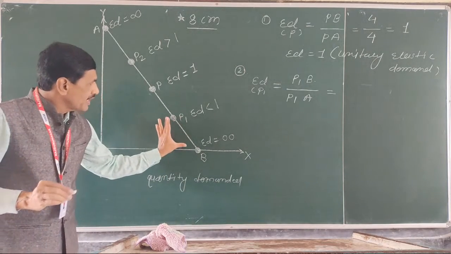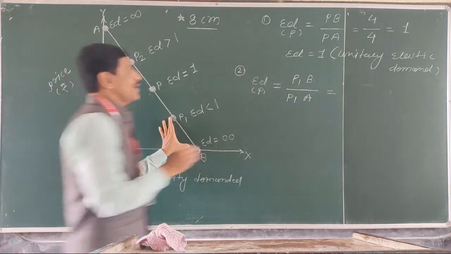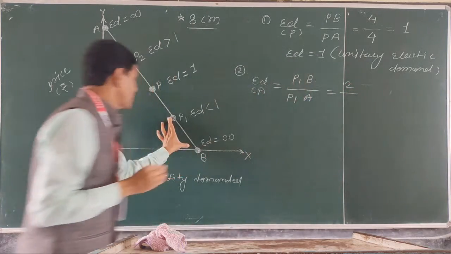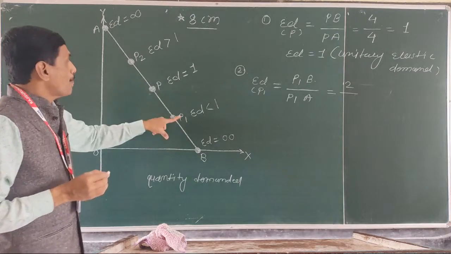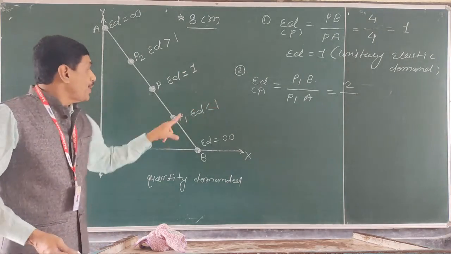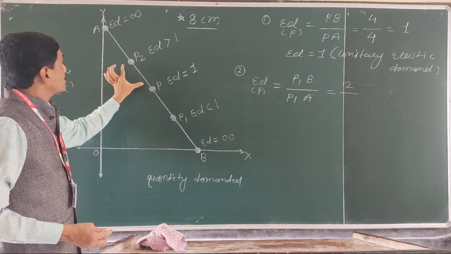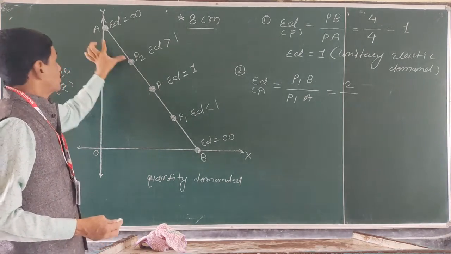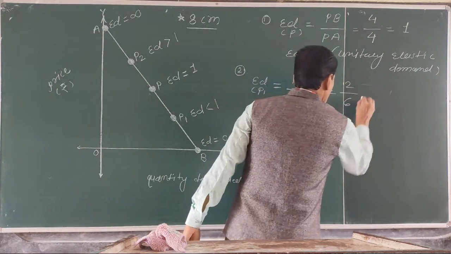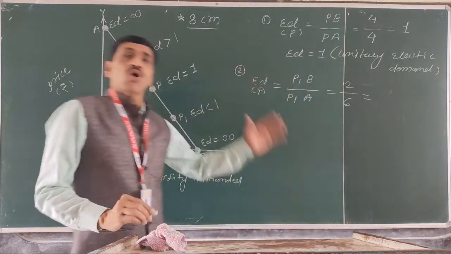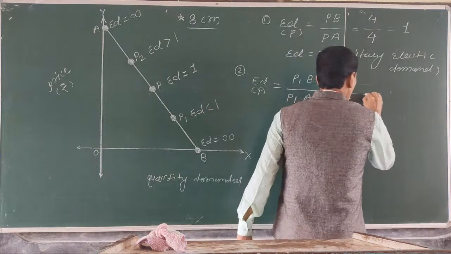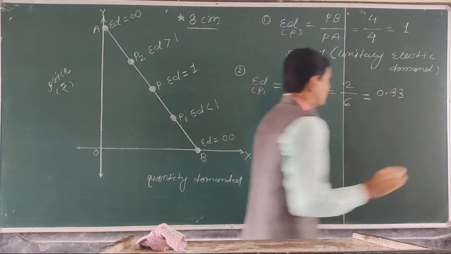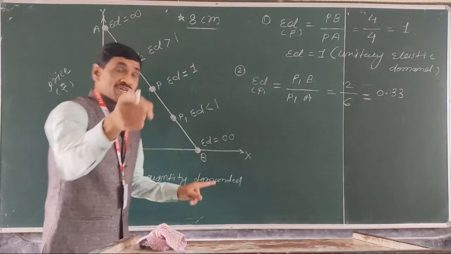P1B, its length is only 2 centimeter. P1B divided by P1A. 2 plus 4 plus 2 is 6. So 2 upon 6 is equal to 0.33.